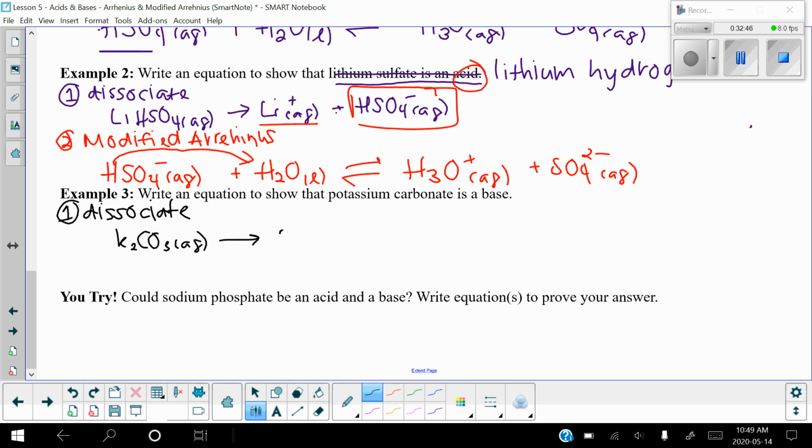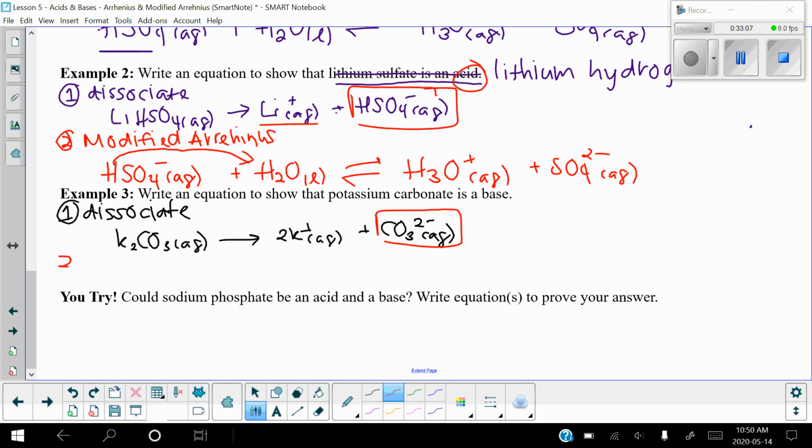I form 2 potassium ions plus a carbonate ion. Then you're going to take something that either has hydrogen or a negative ion or both. So in this case, it's the carbonate ion.